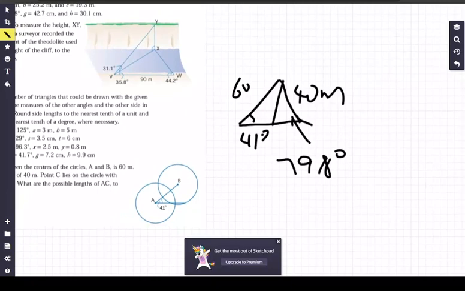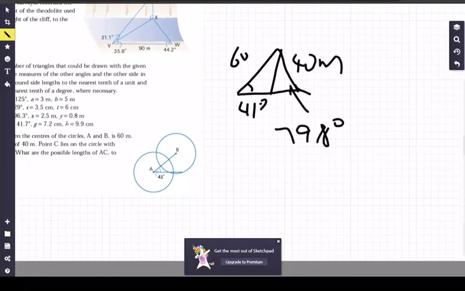If this angle is 79.8, we can find the top angle. So 79.8 times 2, and then 180 minus 159.6, so 20.4 is the top.